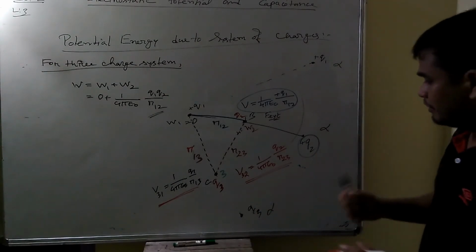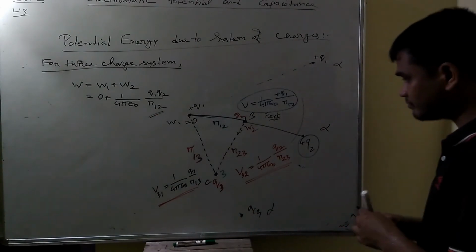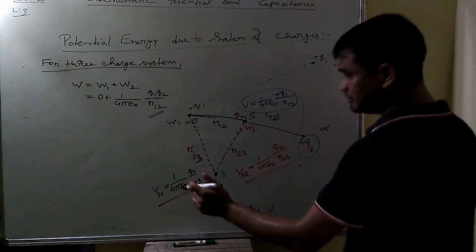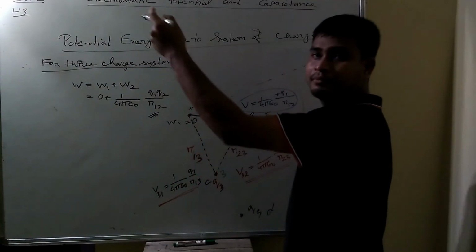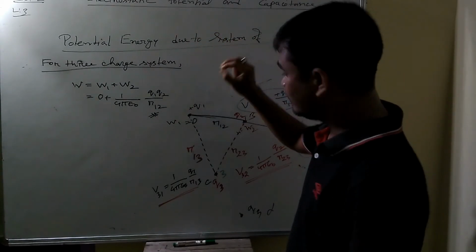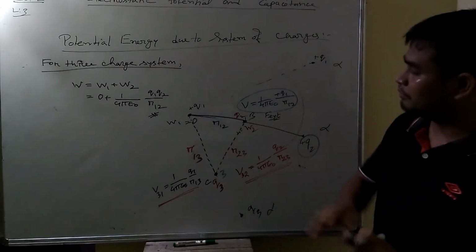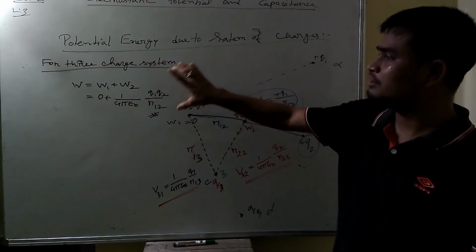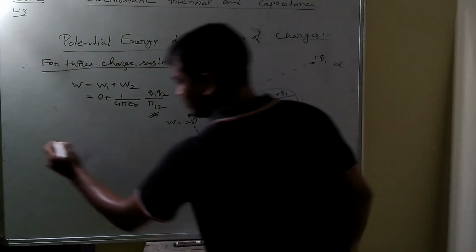Now we can find the work done to bring the charge Q3. Write down from the initial line: first write down the two-charge system, and after that continue from this point for the three-charge system.